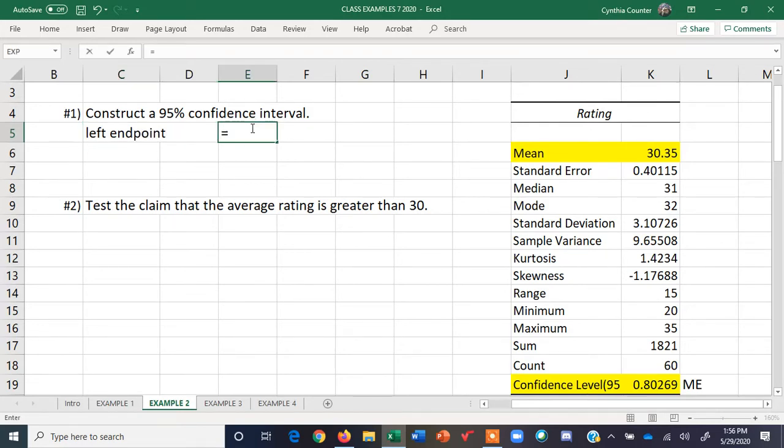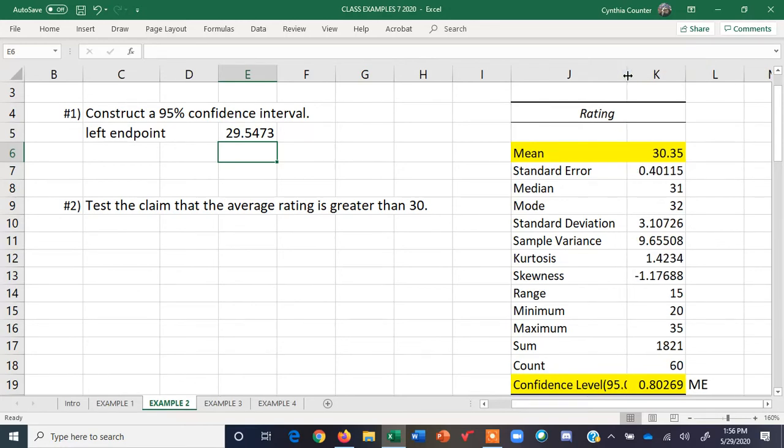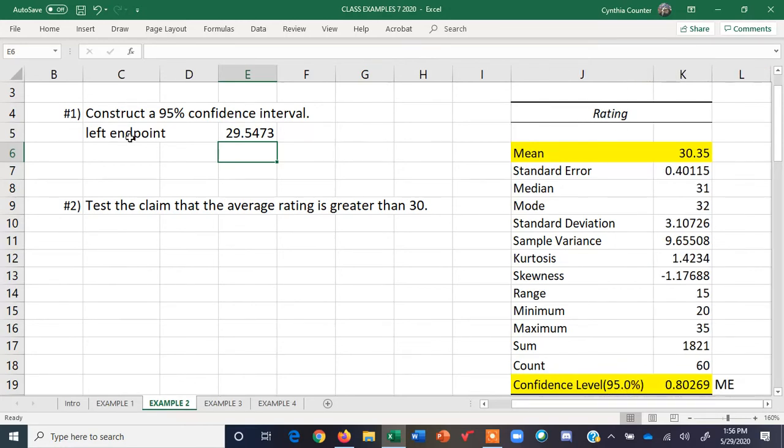So that will be the mean minus the margin of error. Then the right endpoint, which is the mean plus the margin of error, enter.